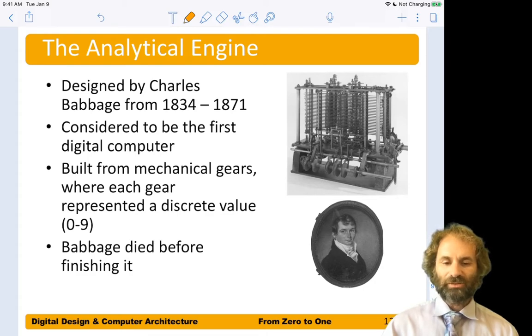This was designed by Charles Babbage in the mid-1800s. It's widely considered to be the first digital computer, but it was built, instead of from electrical logic gates that do zeros and ones, from mechanical gears, where each gear had 10 different positions, 0 through 9. And you could turn a crank and the gears would interlock and move each other, and they could cause the system to do things like addition and calculate tables.